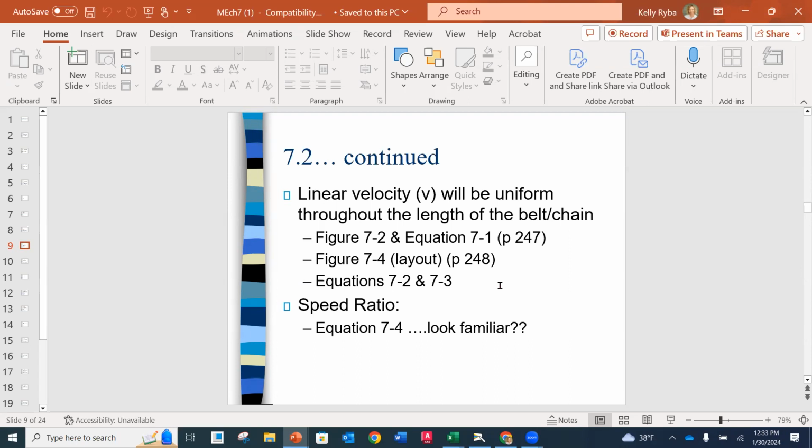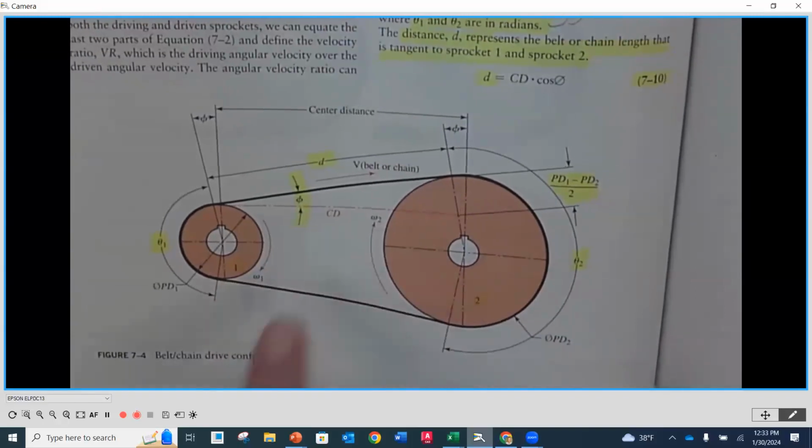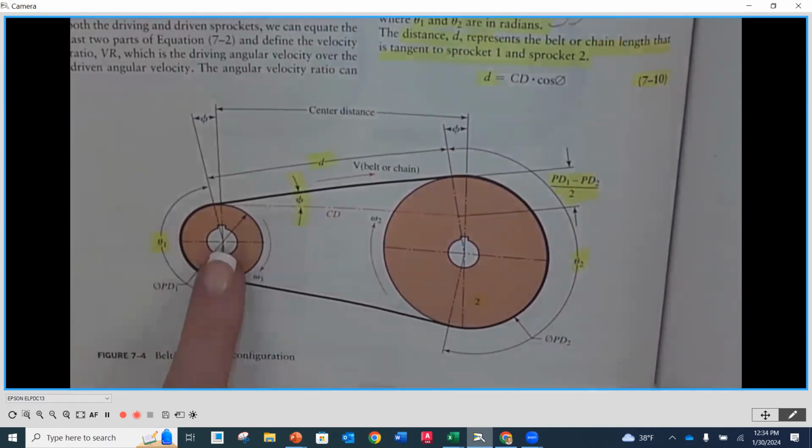Now, that linear velocity, that V, is going to be uniform throughout the length of the belt and chain. So if we look at the figure on the following page, we see this illustration. What this is showing us is really kind of a schematic of a pulley.